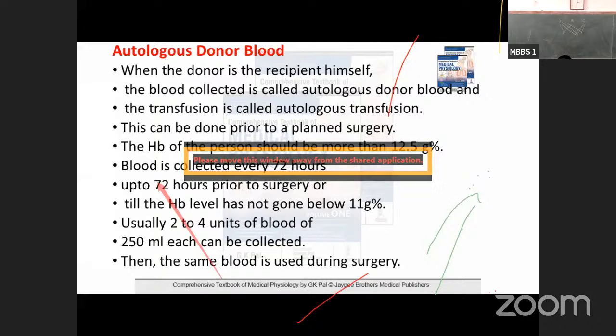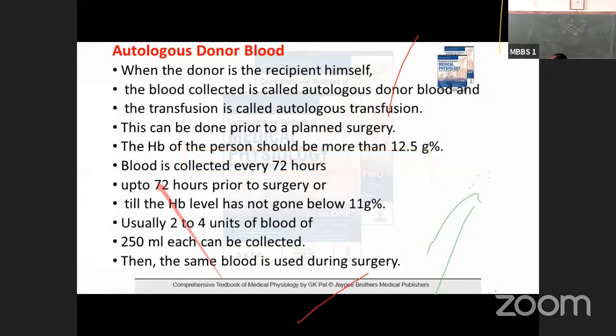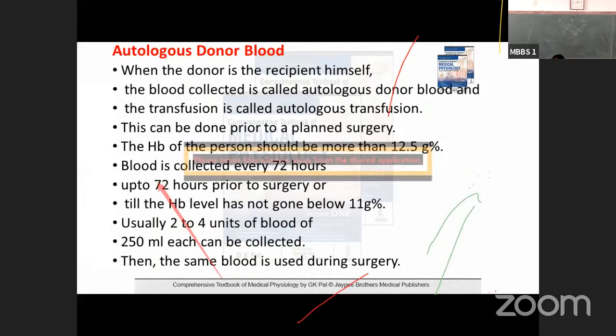Autologous donor blood is collected before surgery. This is because of transmissible diseases like AIDS and hepatitis. Autologous donor blood: what is this? The patient's own blood is collected prior to the surgery and transfused during the time of the surgery. It is collected every 72 hours, up to 72 hours before surgery, as long as hemoglobin is up to 11 gram.